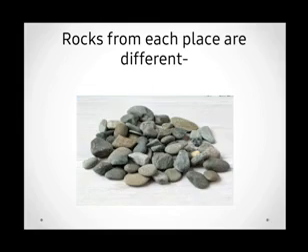Also, the rocks in our area are different. Here we understand that each and every area has different availability of rocks, from hills, riverbeds, or the land in our vicinity.